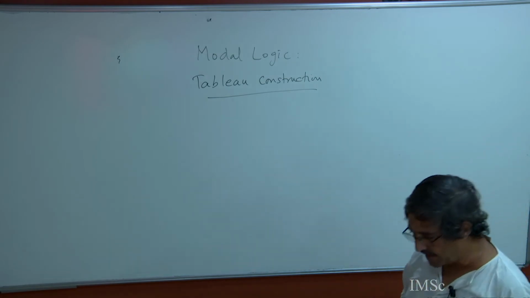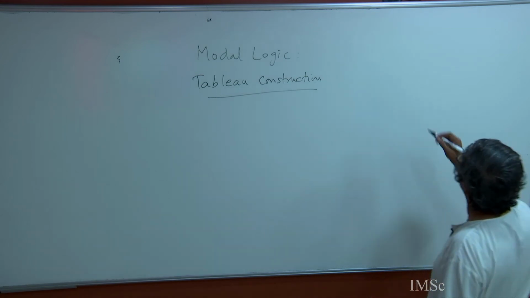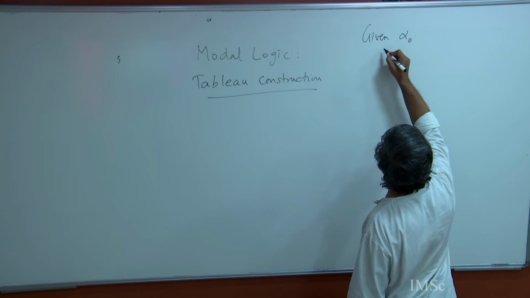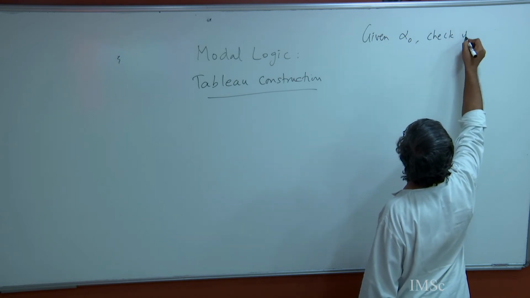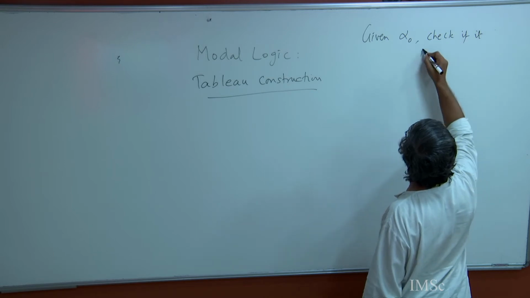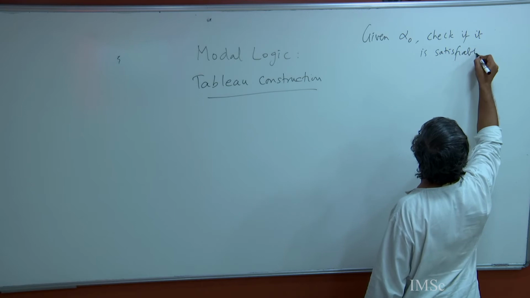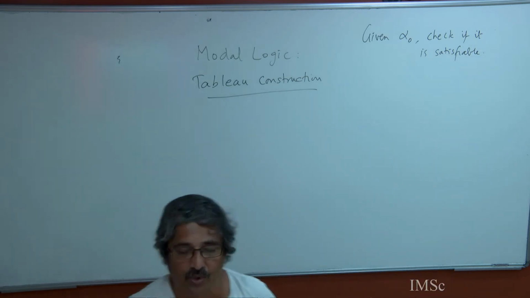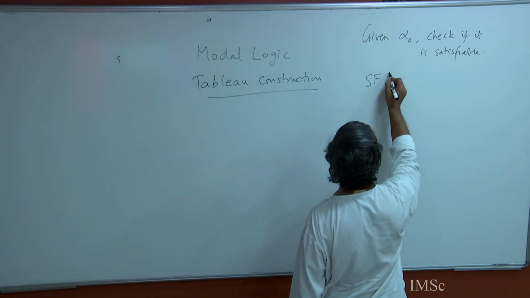So let's go over the details and make sure that that works. You are given a formula alpha naught. Check if it is satisfiable. This is what we are told to do. So first let's define the subformulas of a formula given alpha.